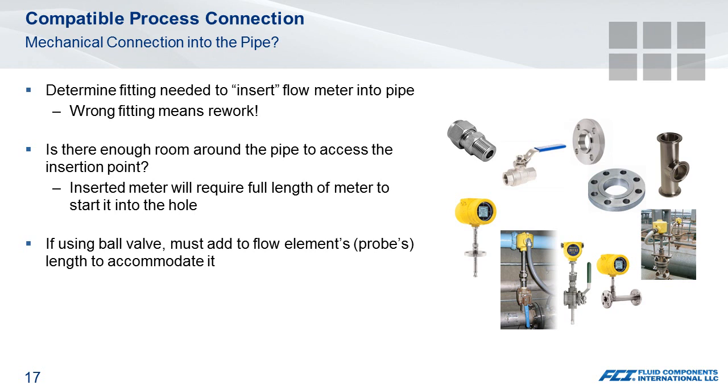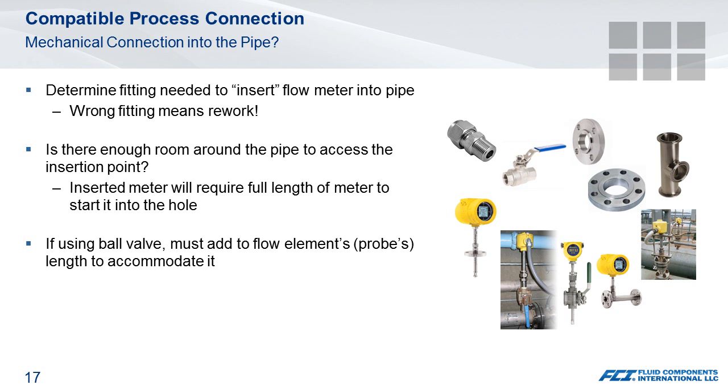And if it's an inline, what is the length of pipe section available? That's how much you're going to have to cut out and make room to put that in there. I know with FCI products, when we put a Vortab flow conditioner run in there, the spool piece section is 9 diameters, and we'll tell you that up front.